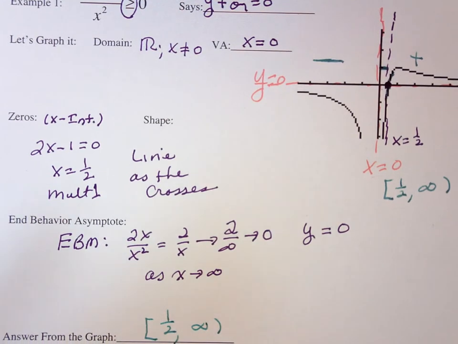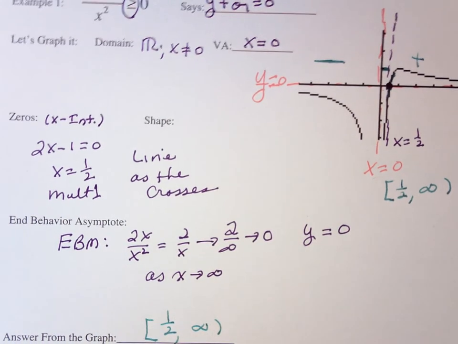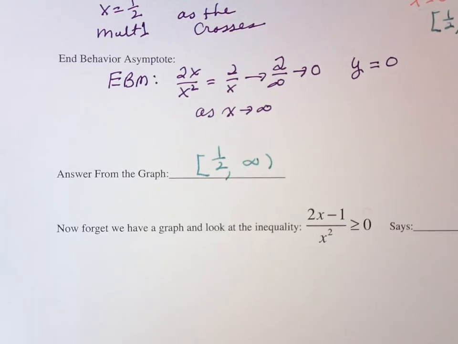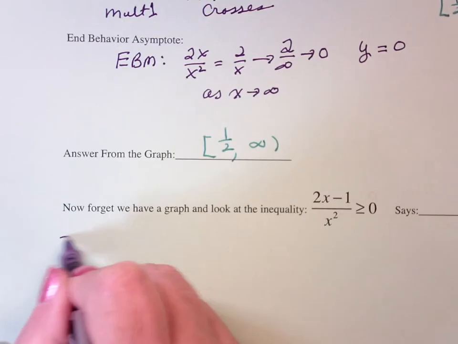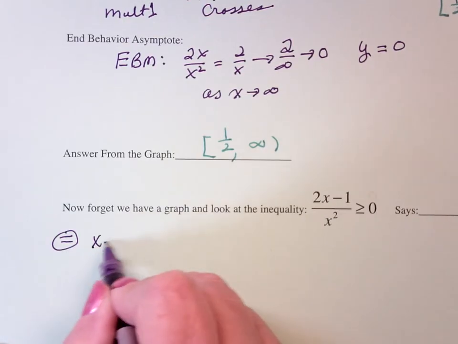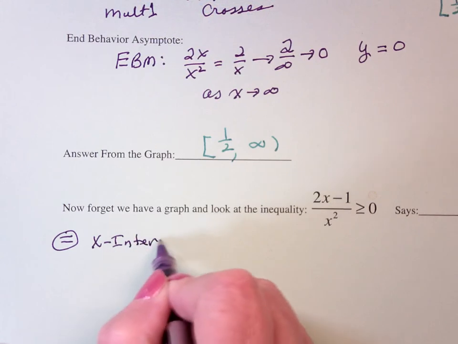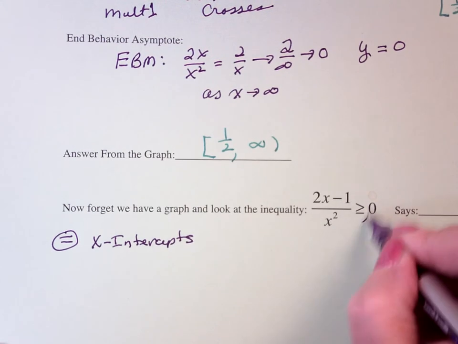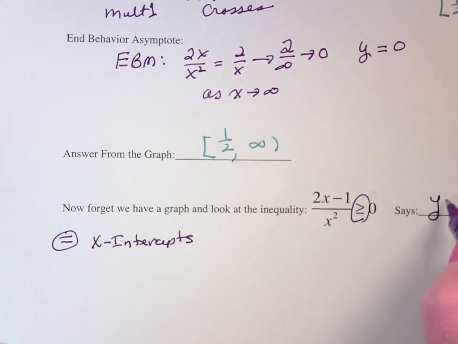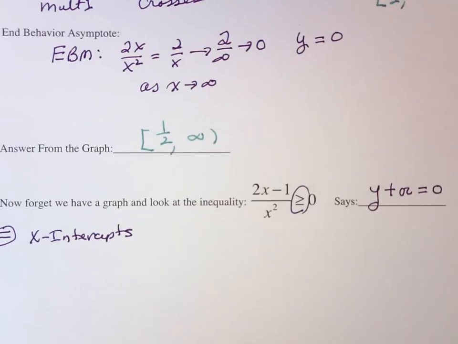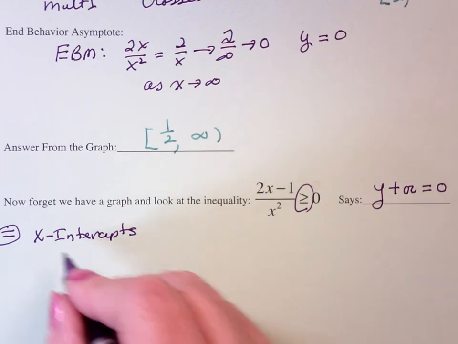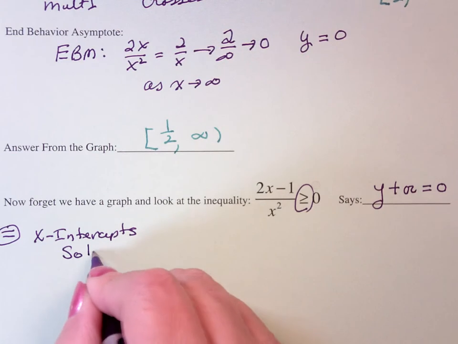Now, let's say we don't take a look at the graph, and we're going to do this algebraically. Well, what would I do? The first thing I do is solve the equal equation. That gives me the x-intercepts. And since this says y positive or equal to 0, that says that at the x-intercepts I'm going to have a solid dot.